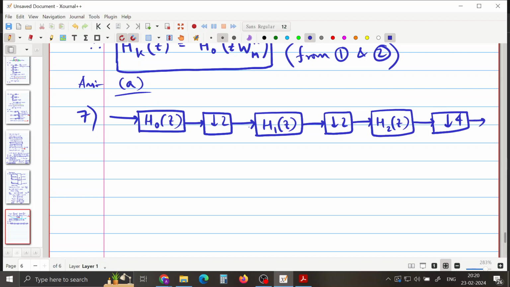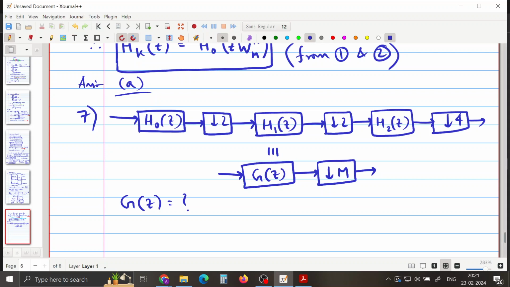This is the complete picture, and it says that this is equivalent to one single filter G of z followed by one single downsampler of downsampling factor n. Now you need to find G of z. The key is to use noble identities. Okay, so we'll do that step by step.